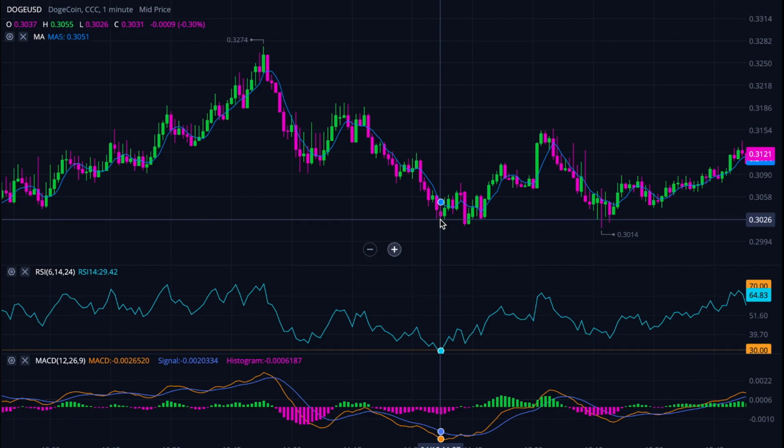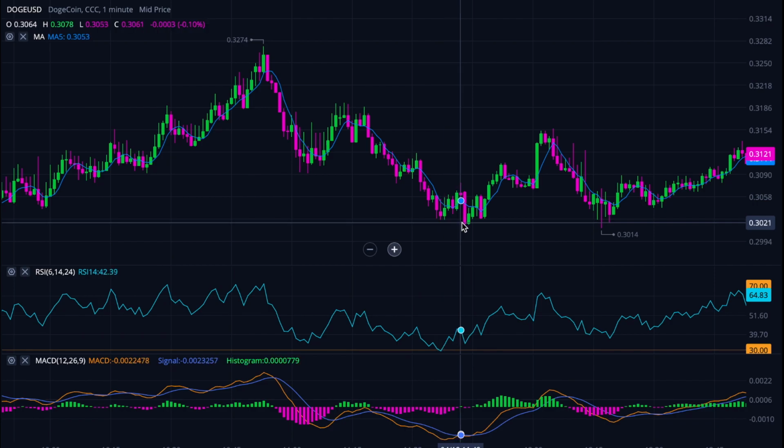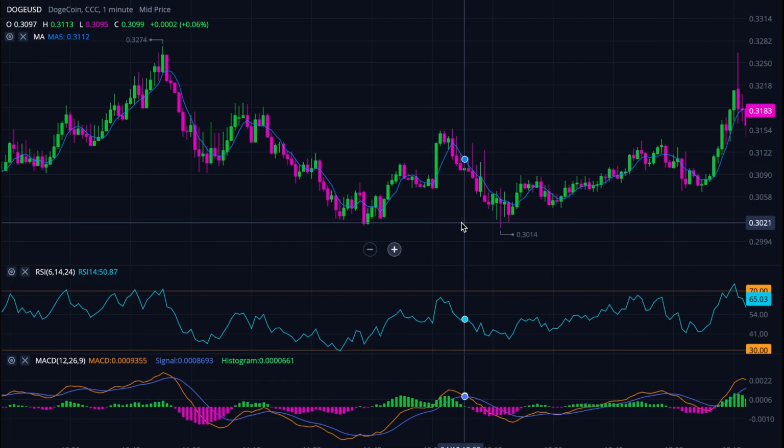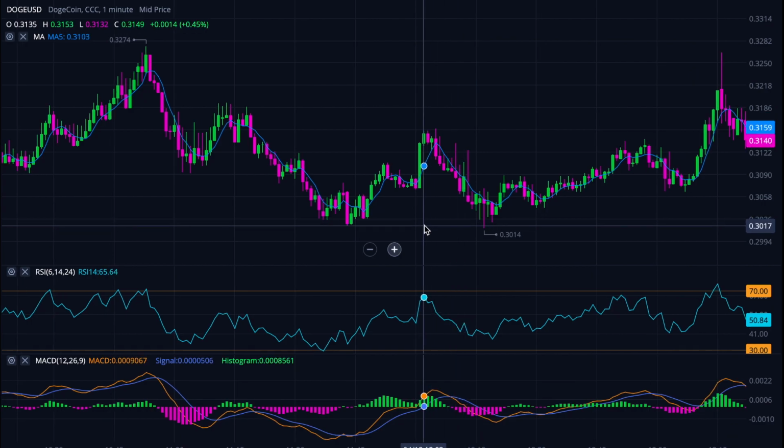So we would have bought in there at about 0.3031, and then I'm selling out as it gets close to or over 70. On this one, there's a good chance I would have sold out here because the RSI got to 65, and this was 0.3149. These seem like small numbers, but they're big percentage changes.